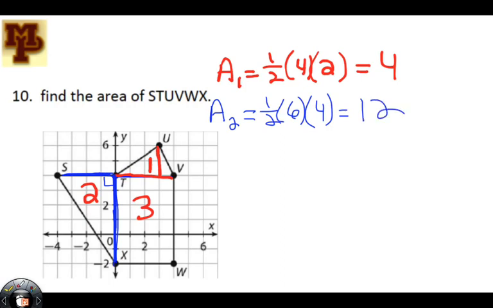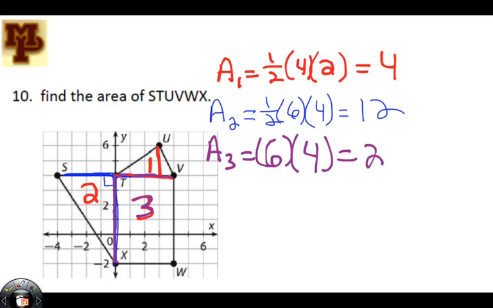Then let's do the rectangle. So that's this one. So area of 3, and that's just base times height. So base, let's say, is the long one. So 1, 2, 3, 4, 5, 6. And then the height, 1, 2, 3, 4. So that's 24.